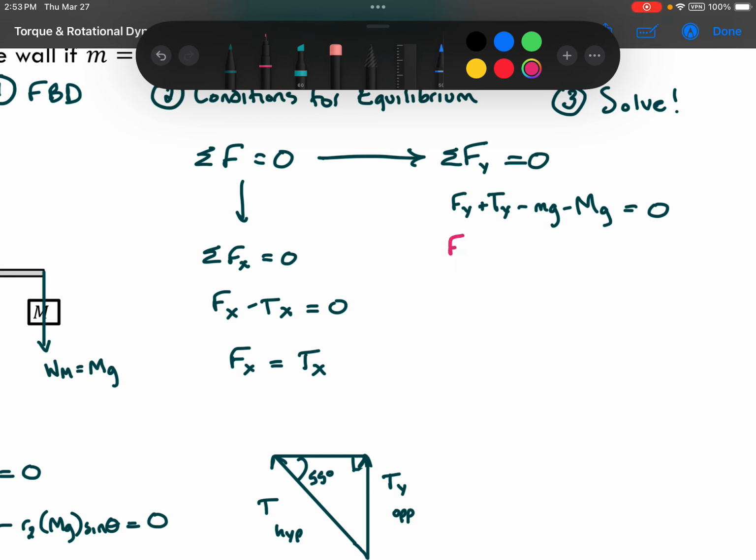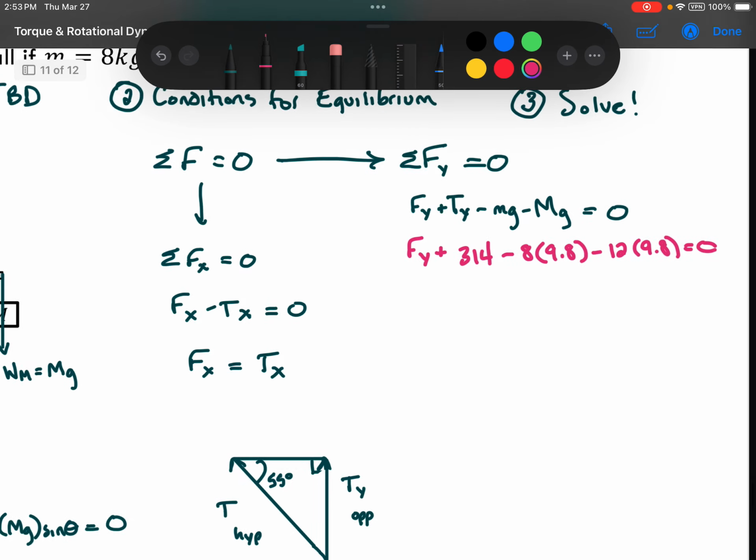So let's start with the y direction. The force in the y direction plus the tension in the y direction, 314, minus the bar's mass, 8 kilograms times 9.8, minus the sign's mass, 12 times 9.8, all has to equal 0. And so just combining our constant values here, we get that the force in the y direction is negative 118 newtons.